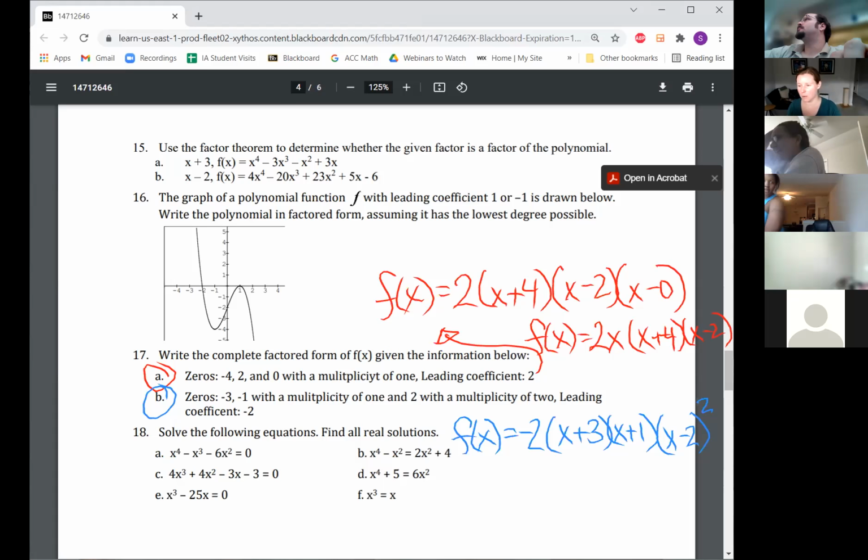That's why we write it squared, because the multiplicity is 2. For a multiplicity of 1, we could write a 1 up here as an exponent, but we traditionally don't write that in math. Usually we don't write something to the first power. Okay, all right. Any questions on these? Number 17.